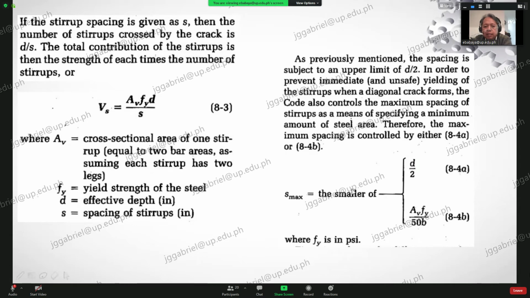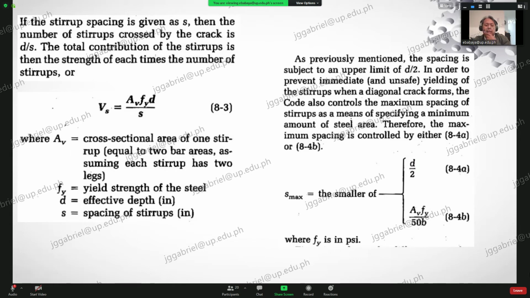Okay? Yun ang formula ng shear contributed by the stirrups. Okay? Now, it says here, Av. Av, that's the cross-sectional area of one stirrup.